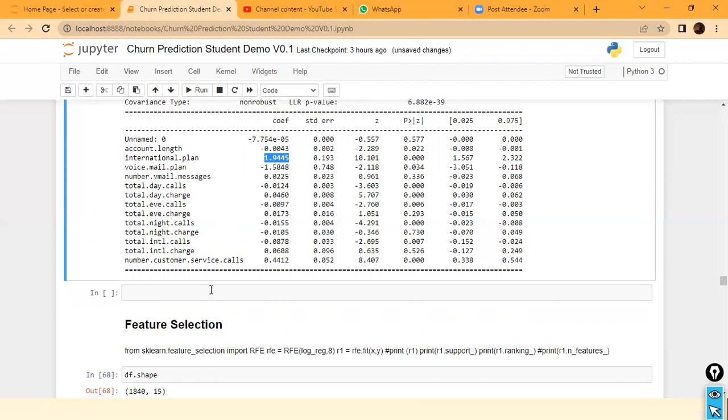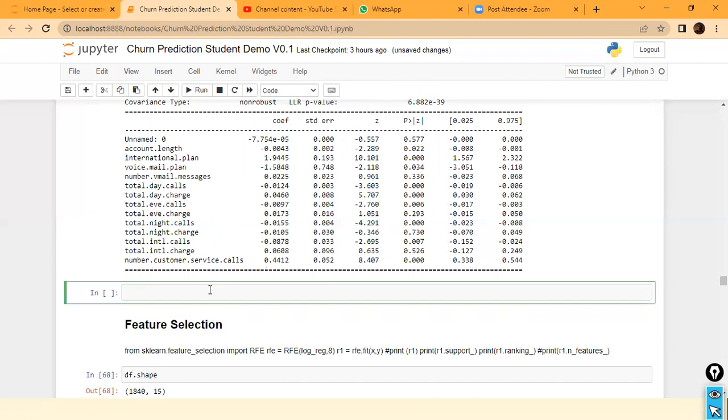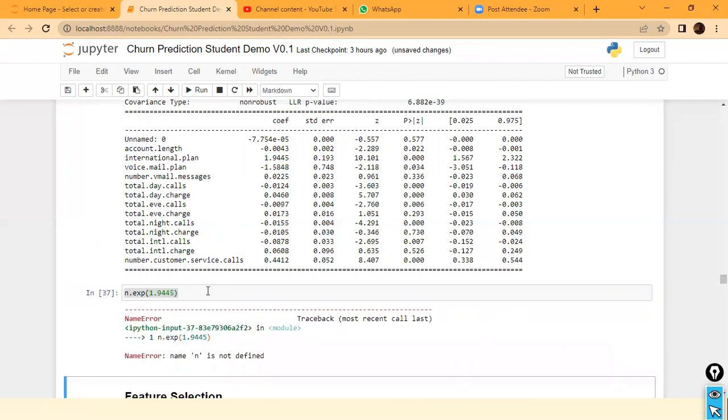First, you need to convert this into an odds ratio. How do you convert to the odds ratio? You need to take exp. In NumPy, we have the exp function. So np.exp of 1.9445.